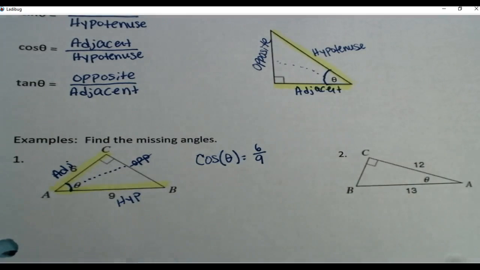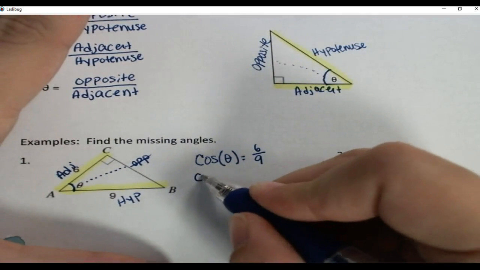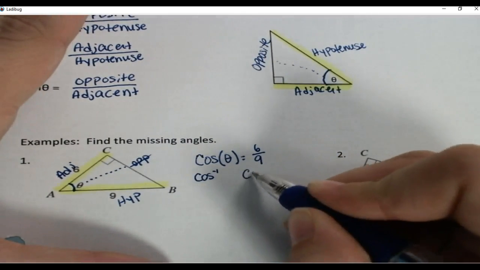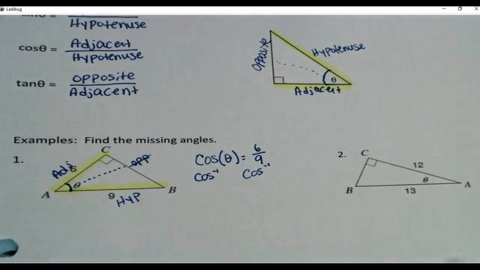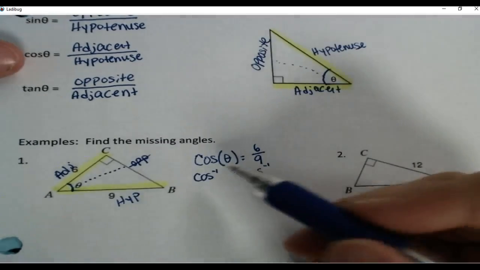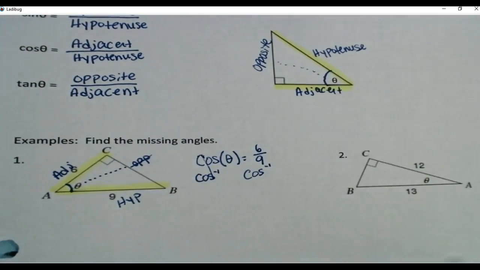Okay. I think these problems are a little bit easier because you don't have to decide what to multiply by or anything like that. You just get rid of that cosine. To get rid of cosine, we do inverse cosine, which is cosine to the -1, on both sides. What that does is cancel out that cosine.